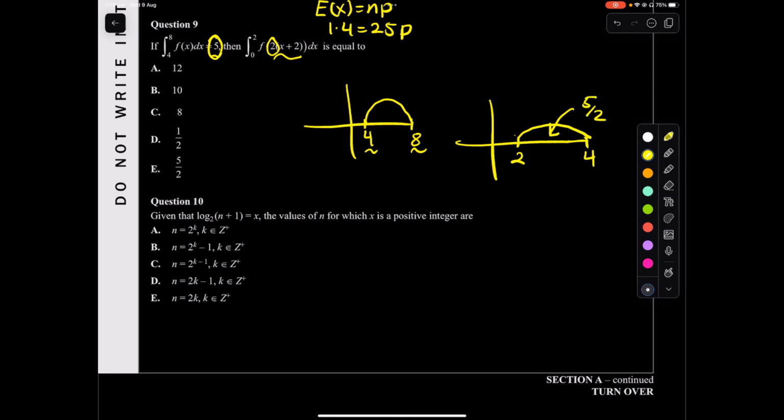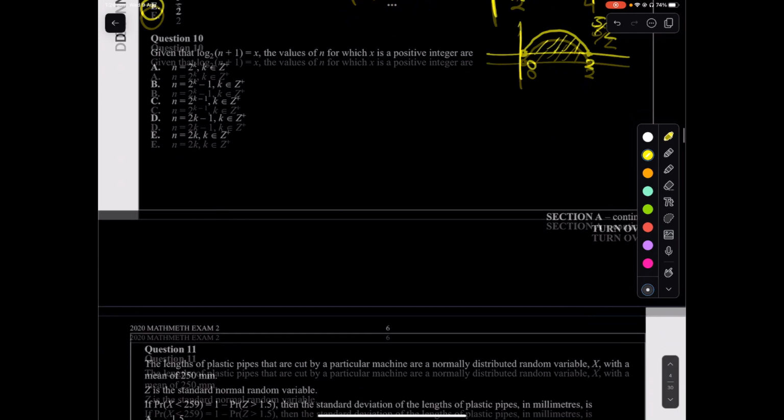And what's happened is that it's also translated 2 units to the left. So let's translate this graph over here. So it'll be 0, and this over here will now be 2. But the area is still the same. It's still 5 over 2. So from 0 to 2 is equal to 5 on 2. So E is your answer.